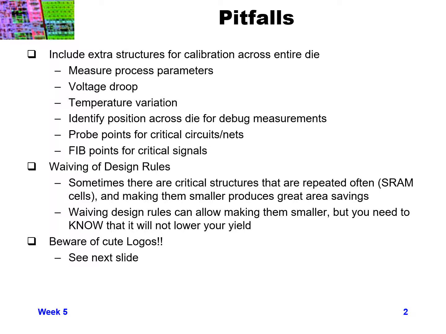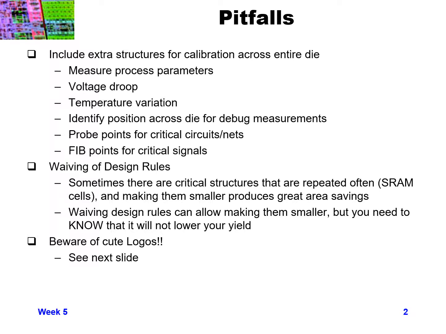A lot of times when you're in debug and you're trying to find a given place to put a probe down and measure some value, you need to try and identify where you are on the die, because when you're looking at extremely small features, trying to figure out exactly where you are on your IC circuit can sometimes be pretty difficult. And so if you create some special structures in areas across your die that give you an idea of, oh, okay, I'm in this quadrant because I can see this structure that was created specifically to tell me this position.